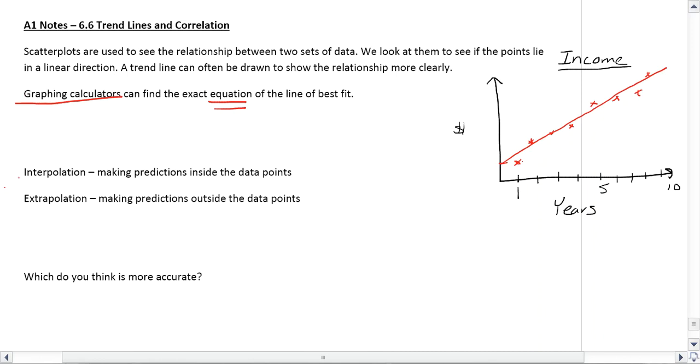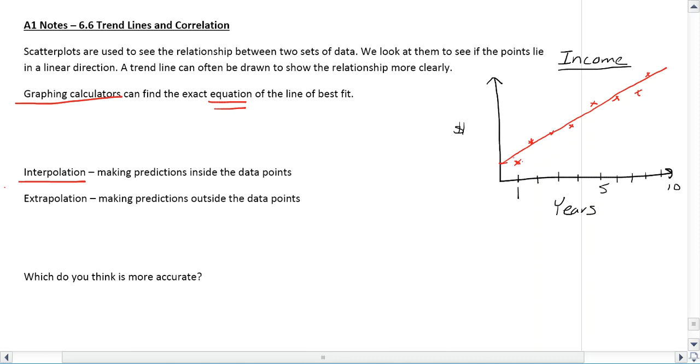So now a couple terms to know in working with scatter plots. When you are doing interpolation, it means that you're making predictions that lie inside your data points. So we know the exact income that we got on these year marks, and it would be possible that you might have gotten some monthly increases in between, year 0 and year 1.